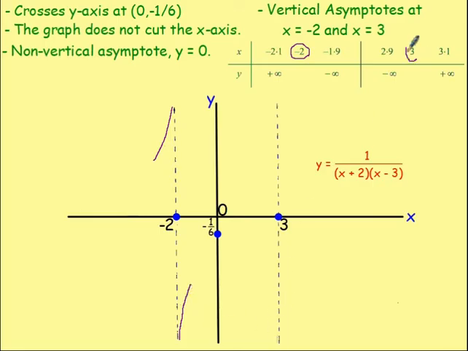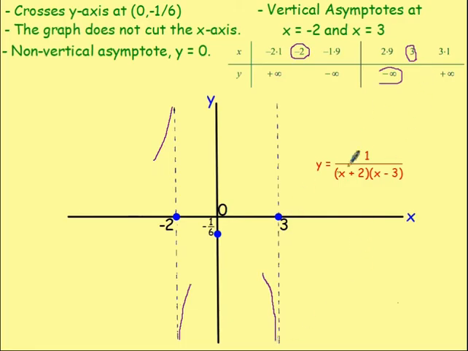Take the other asymptote when we have 3. Think about what happens to the left and to the right. So to the left, when we had 2.9, it was going down towards negative infinity. So just before 3, you know the graph is coming down towards negative infinity, so it's going to be approaching that line but not quite touching.